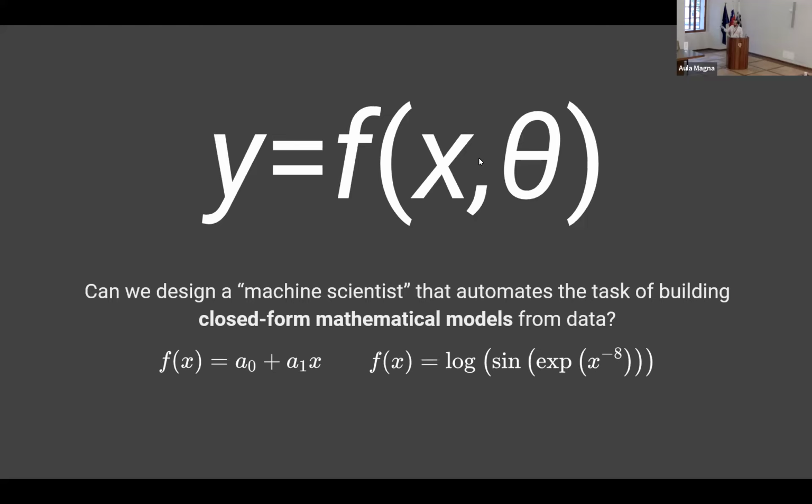But the problem, again, is finding closed form expressions that relate inputs to outputs, with simple expressions like this. I will not give you a very precise definition of what a closed form model is, but in reality, what we are going to do is to use elementary functions like trigonometric functions, hyperbolic functions, perhaps exponentials, logarithms, and things like this to try to model our system.